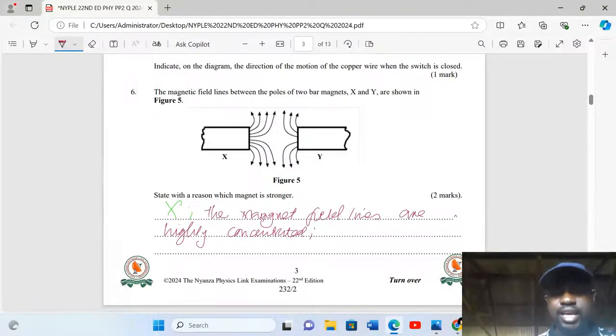And when we say they are highly concentrated, you can say they are very close to each other.